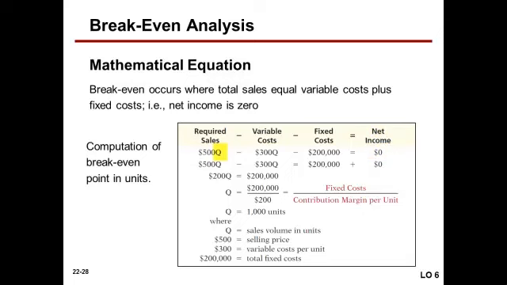Q is a designation of volume. Our variable costs are $300 for each item sold, and our fixed costs per month were $200,000. So our generic formula at the break-even point: $500 selling price times quantity sold, minus $300 variable cost times product sold, minus $200,000 equals zero.